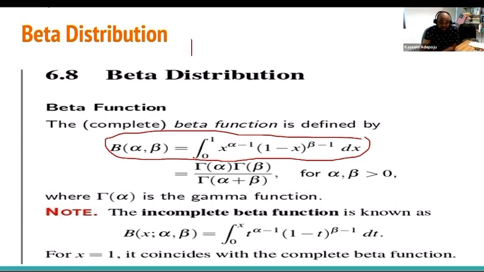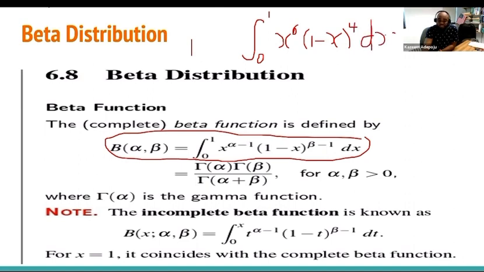For instance, maybe you are given the integral from 0 to 1 of x^6 times (1 minus x) raised to the power 4 dx.